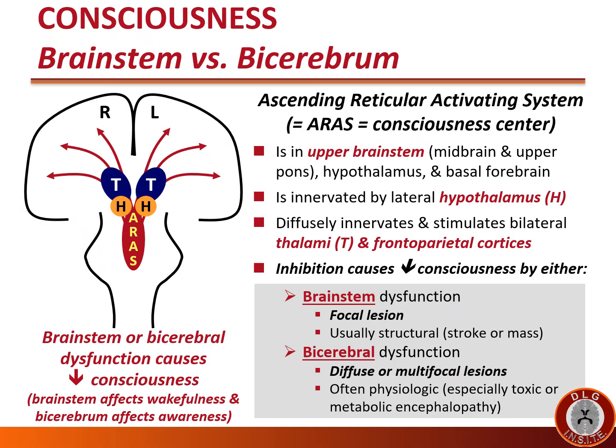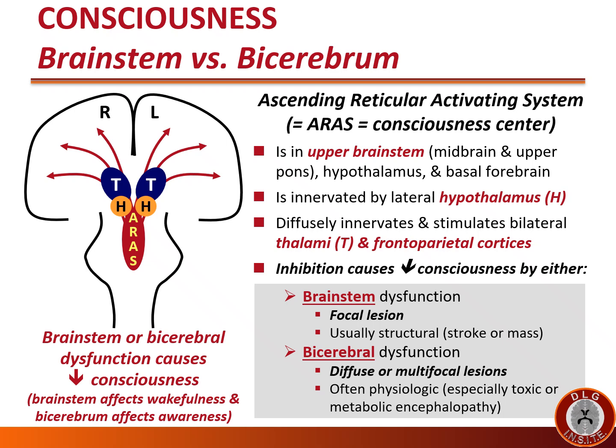So consciousness depends on an intact brainstem and bicerebrum. The ascending reticular activating system is the consciousness center in the upper brainstem, the midbrain and upper pons, and also involves the hypothalamus and basal forebrain. It is innervated by the lateral hypothalamus, and it diffusely innervates and stimulates bilateral thalami and frontoparietal cortices.